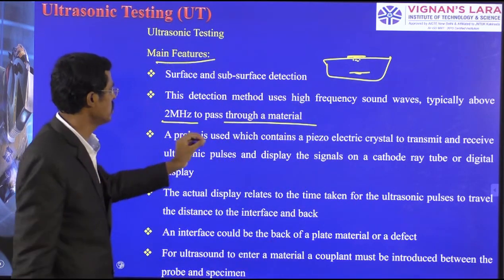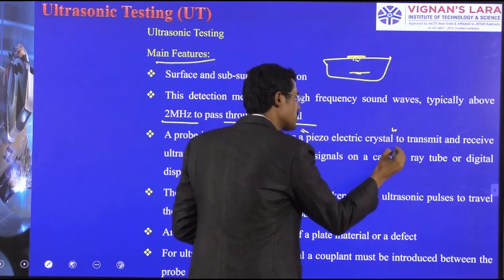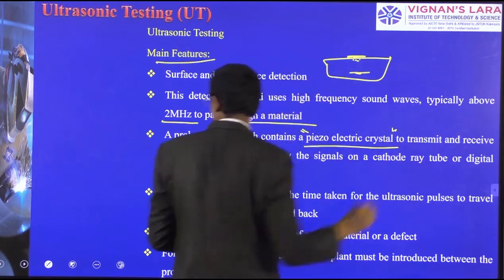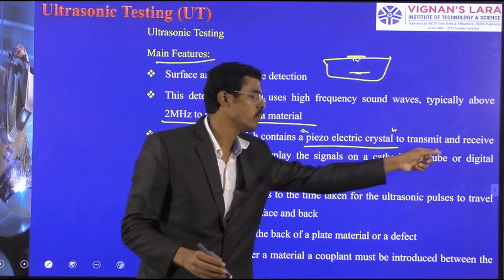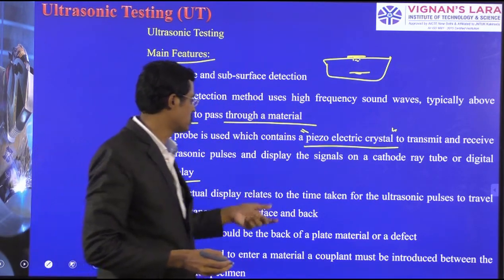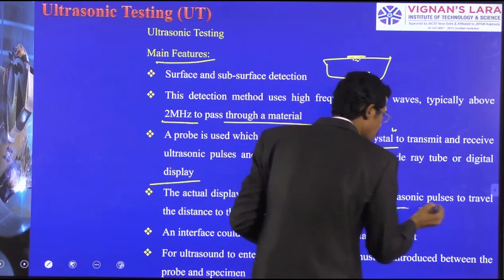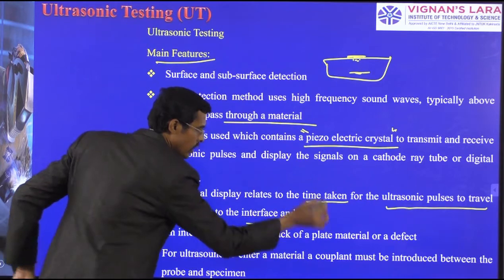A probe is used which contains a piezoelectric crystal to transmit and receive ultrasonic pulses and display the signals on a cathode ray tube or digital display. The display relates to the time taken for the ultrasonic pulses to travel the distance to the interface and the back wall.